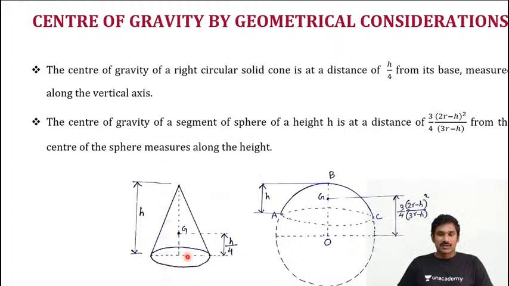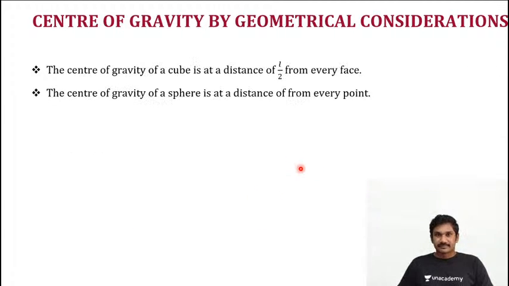For a circular cone, again the vertical height, not the slant height, h, from the bottom the distance is h by 4. And for a sphere segment, from the midpoint the height is 3 by 4 times (2r minus h) by (3r minus h), where h is the distance I have already mentioned.